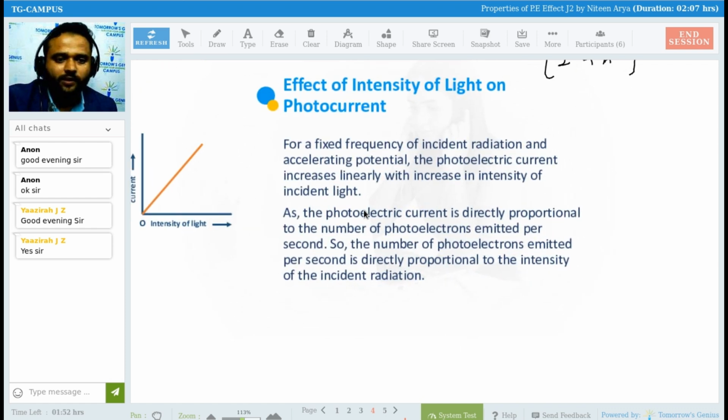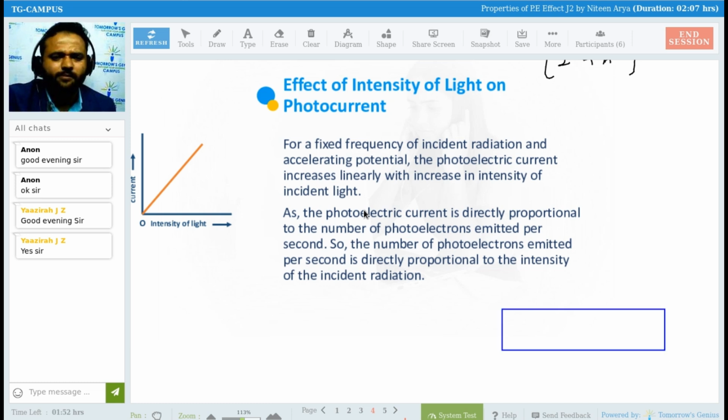You can understand it this way. If there is a photoelectric process, or a material, and the intensity on this material is high, obviously more photoelectrons are going to be generated.